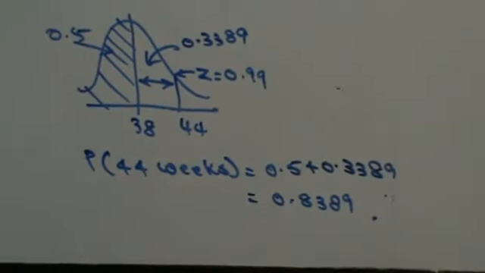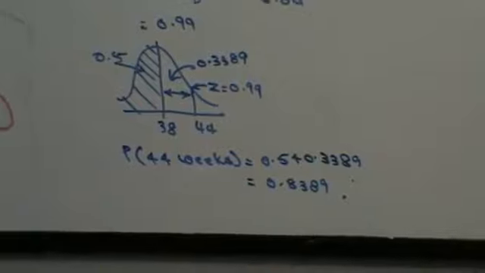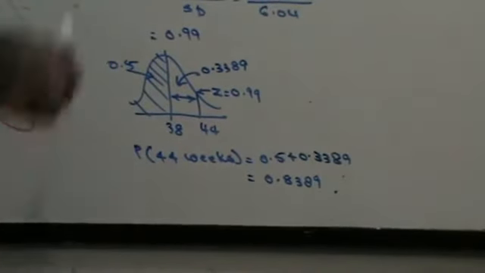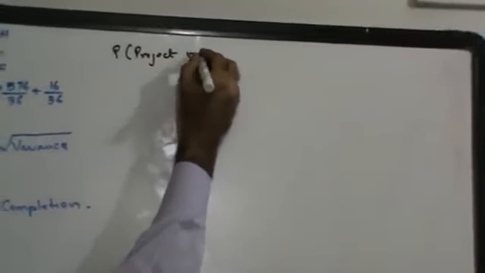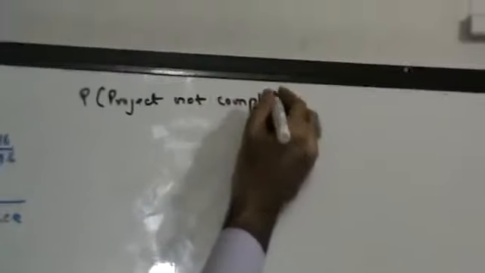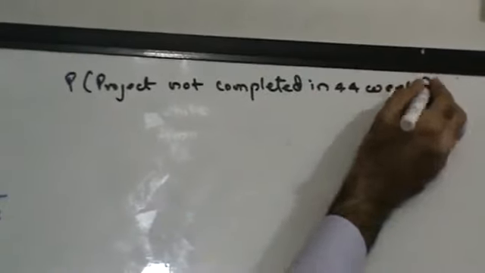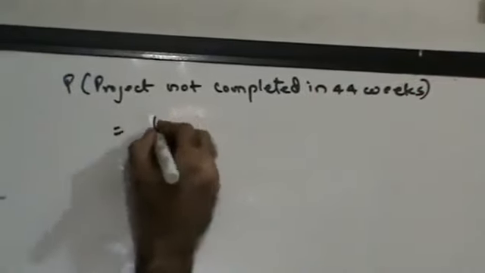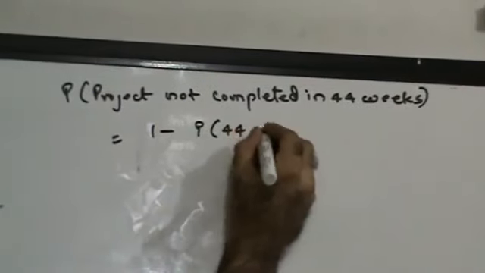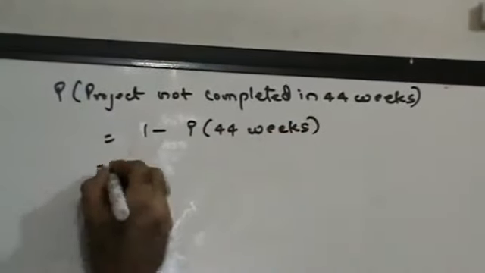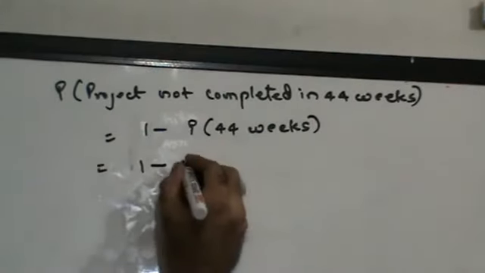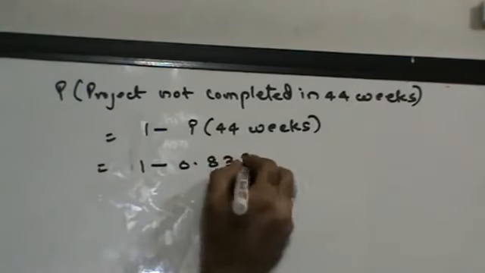But I want to know what is the probability that it will not be completed in 44 weeks. Probability that project is not completed in 44 weeks is 1 minus probability of project completed in 44 weeks. So this is 1 minus 0.8389.